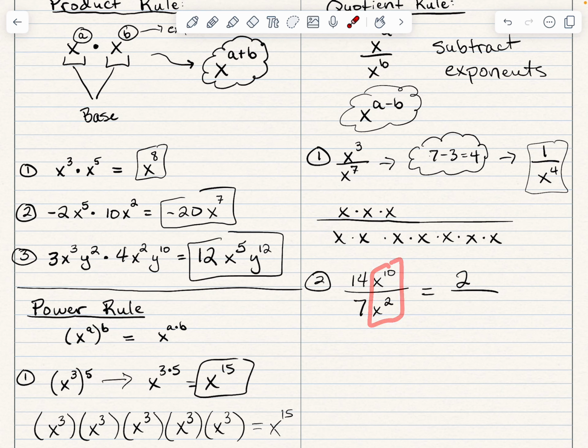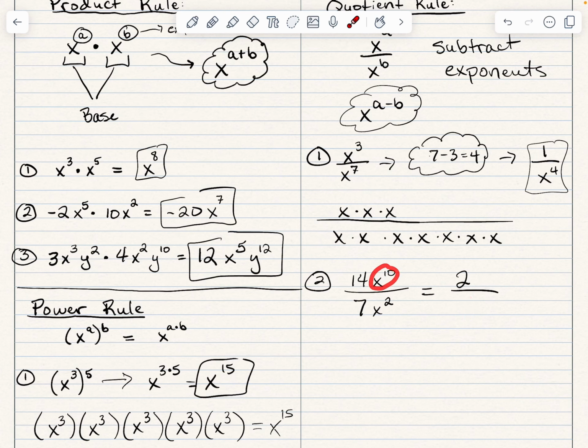And then now I've got to look at my bases. So I have a base of x. The numerator is x to the 10th. The denominator is x to the 2nd. There's going to be 10 x's up here in the top listed out. There's going to be 2 x's in the bottom listed out. 2 of those 10 are going to cancel.